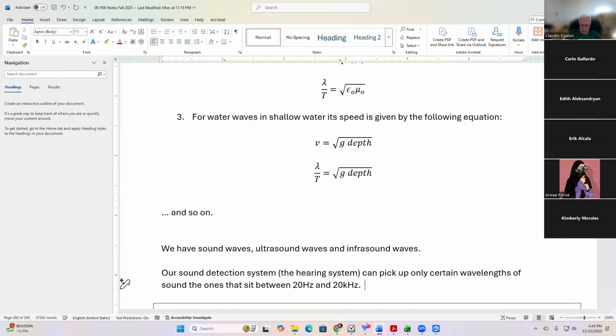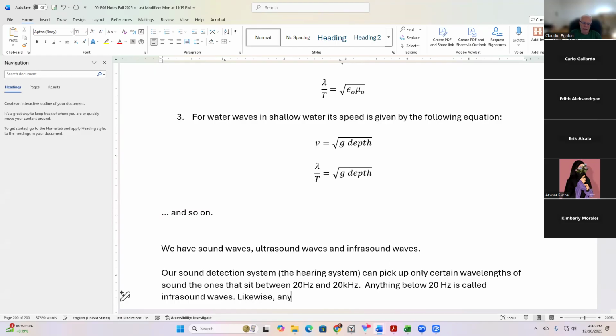Anything below 20 hertz is called infrasound waves. Likewise, anything above 20 kilohertz is called ultrasound. Make sense?